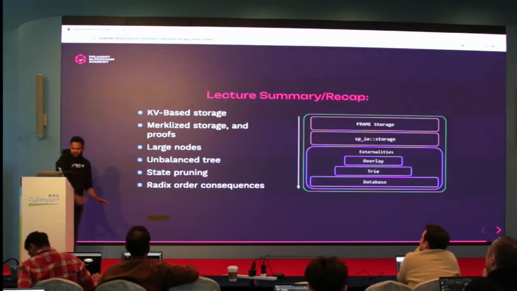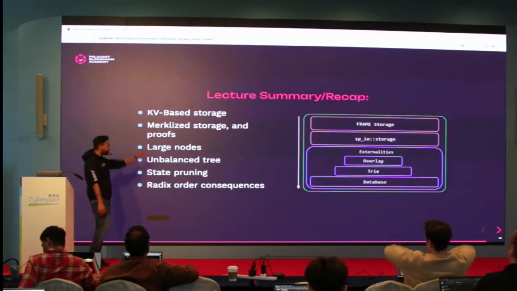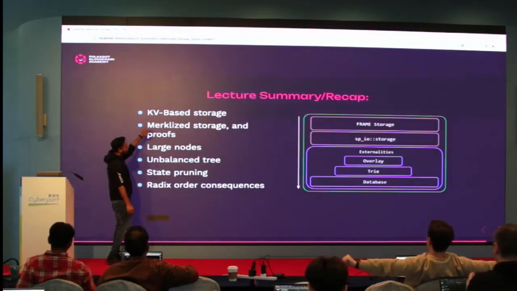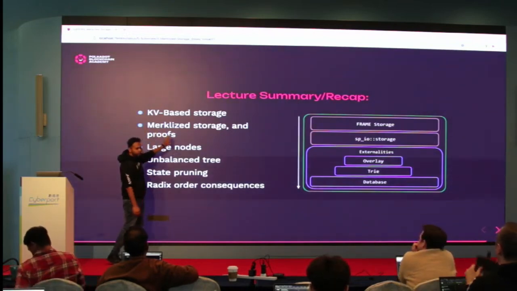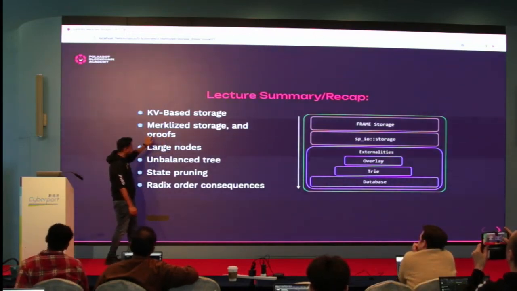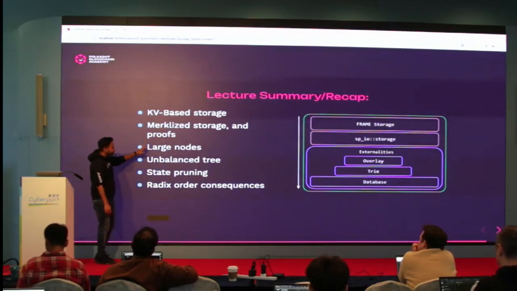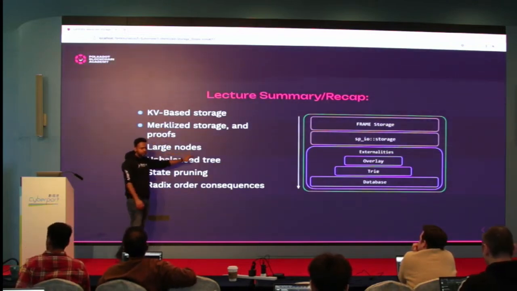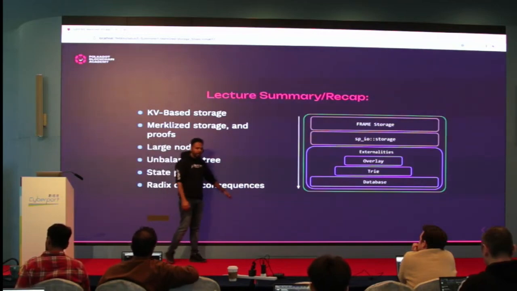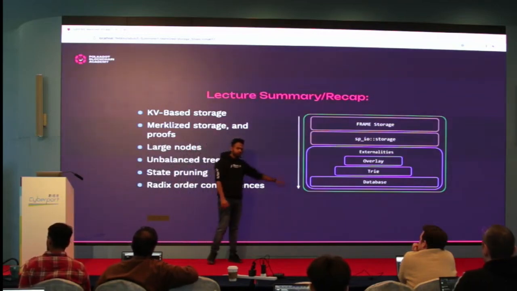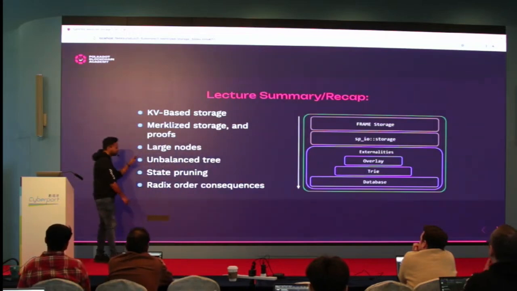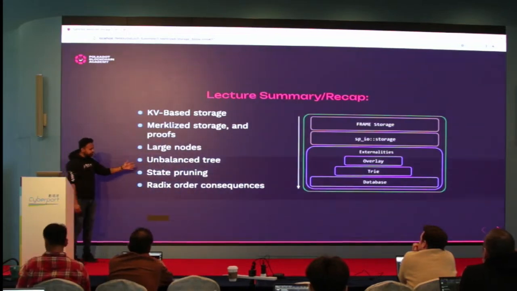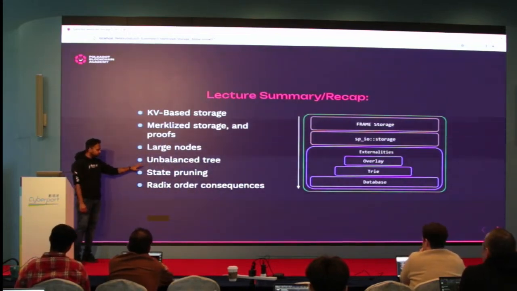Okay, this is the end. We can just recap. We covered that there is a key-value based storage, but internally it's Merkleized, and how we get the proofs. We learned about large nodes: if there is a large node, we put the hash of it and put the value in another database key. We learned about unbalanced trees, which can be an attack vector.